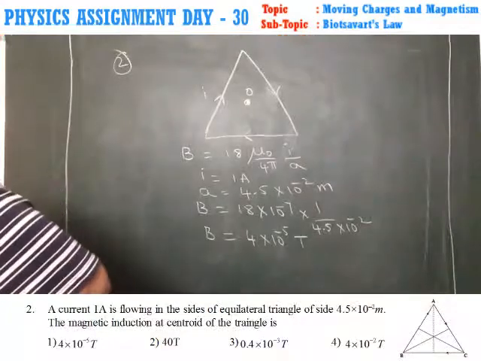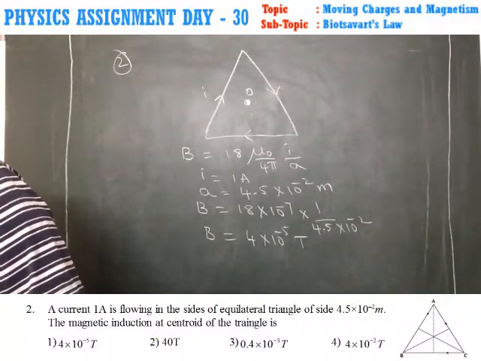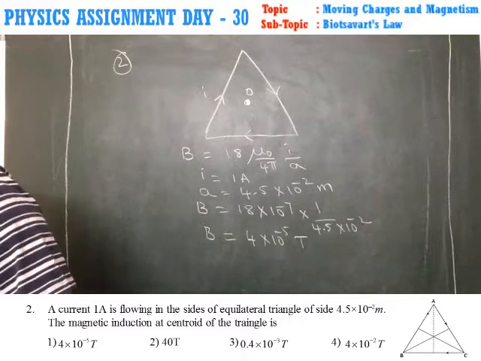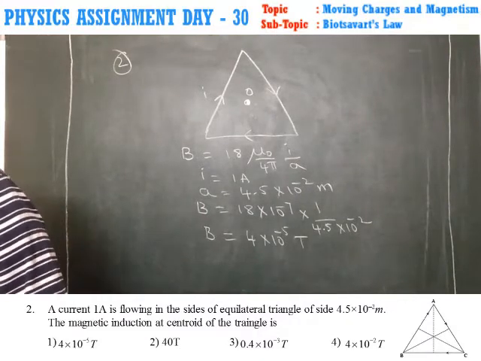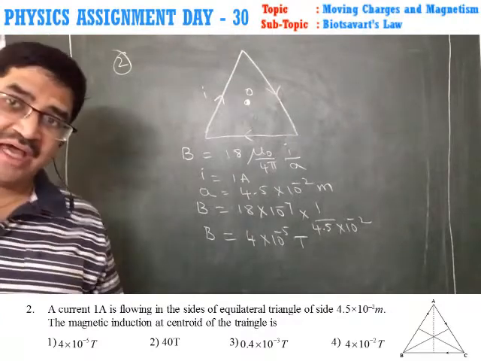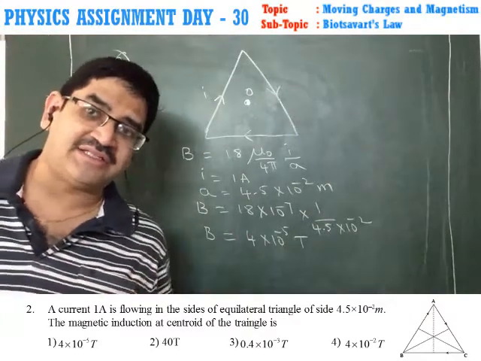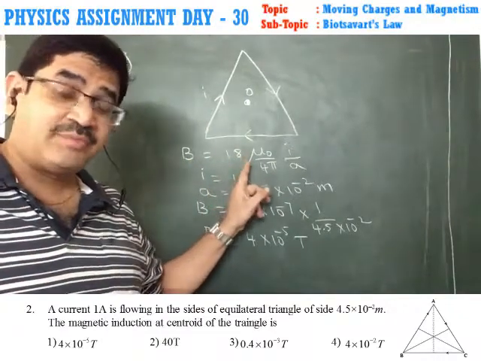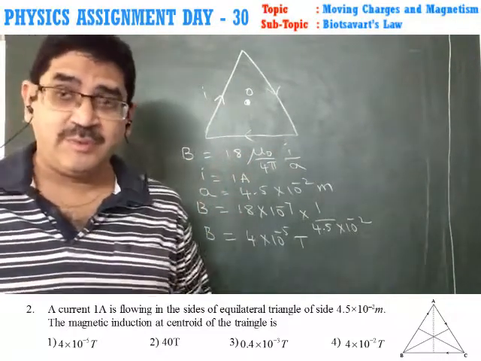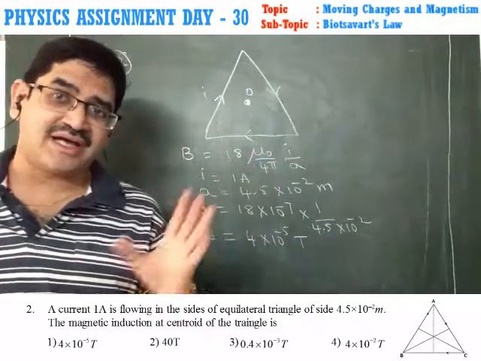Second question: a current of 1 ampere is flowing in the sides of an equilateral triangle of side 4.5 × 10^-2 meters. The magnetic induction at the center of the triangle is? It is directly given by the formula B = 18 μ0/4π × I/a, where a is the side of the triangle and I is the current.